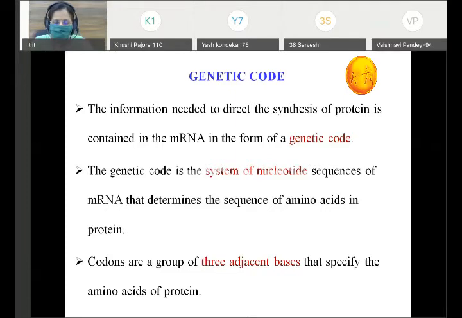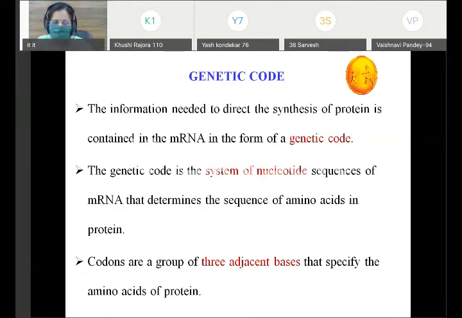Okay, the nucleotide sequence of the mRNA determines the sequence of amino acids in the protein. This means the genetic code is in the form of 4 nucleotides with various permutations and combinations, and the end product produced with the help of this is the protein, which is composed of amino acids which are 20 in number.